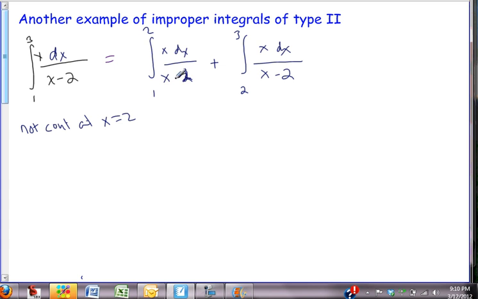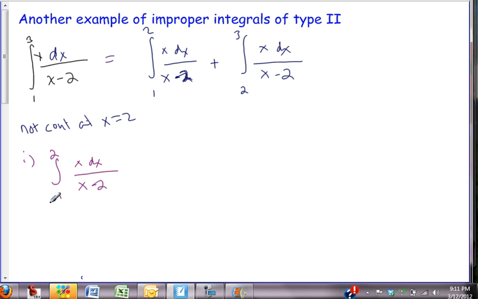But you might notice that it's the same integrand, so it's the same sort of process of evaluating them, but we'll evaluate them separately anyway. So let's look at the first one. So let's call that 1. We're looking at the integral from 1 to 2 of x dx over x minus 2.